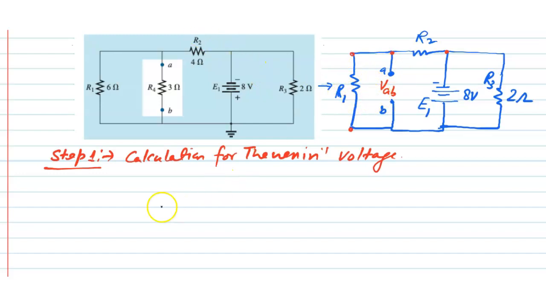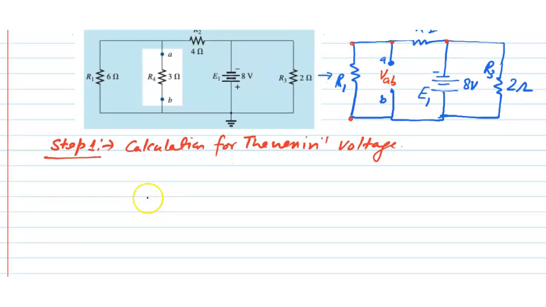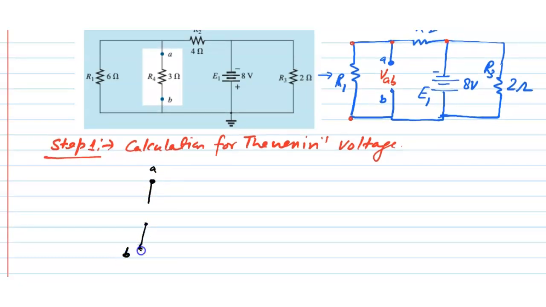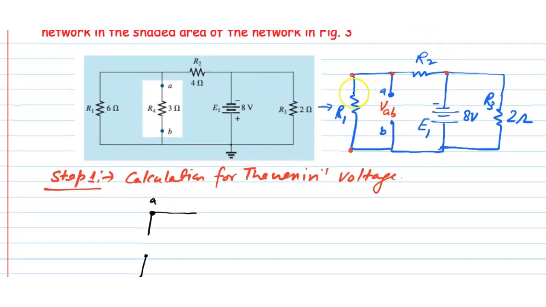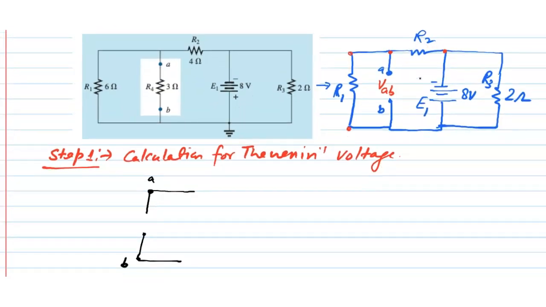Again redraw this circuit by considering the terminal A here and B here. Here you can see that R1 and R2 are in series, because there is no current at the open terminals.